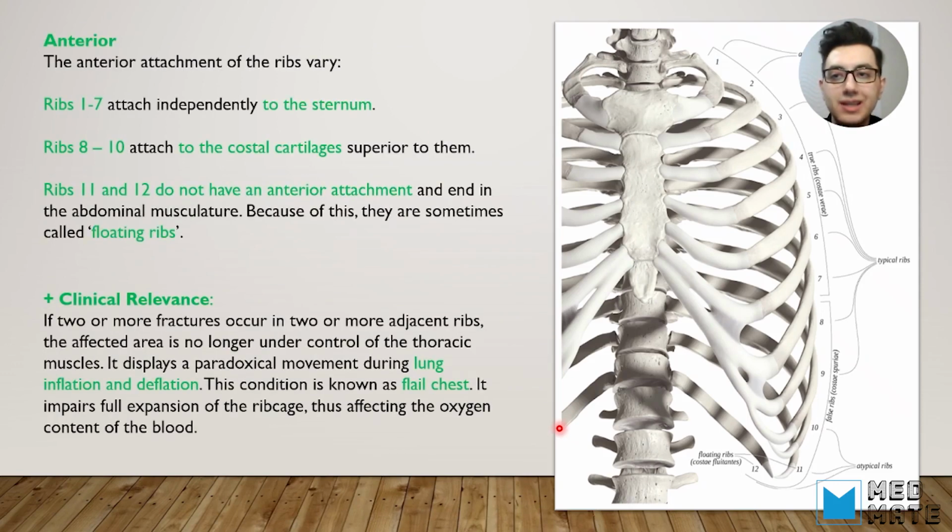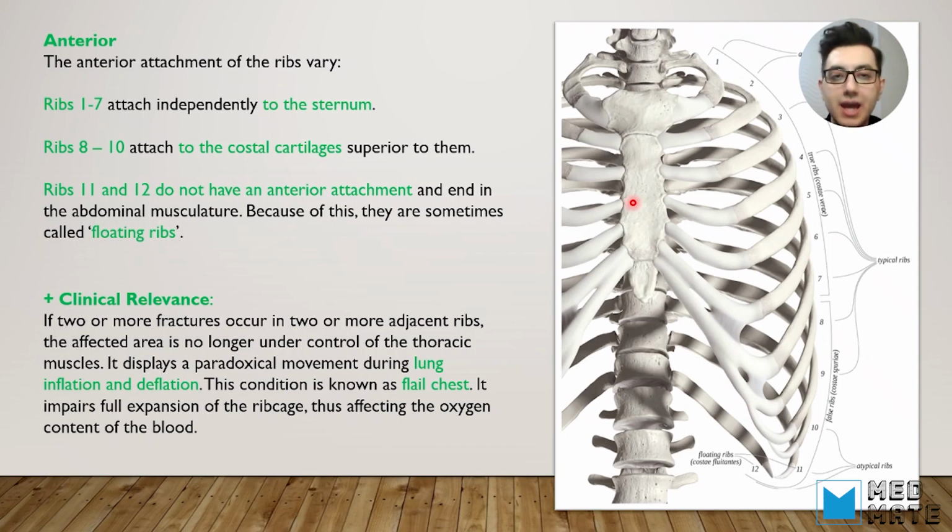Now, let's have an anterior view on the attachment of the ribs. Rib 1 to 7 are independently connected to the sternum. So from rib 1 all the way down to rib 7, they are independently connected to the sternum directly.